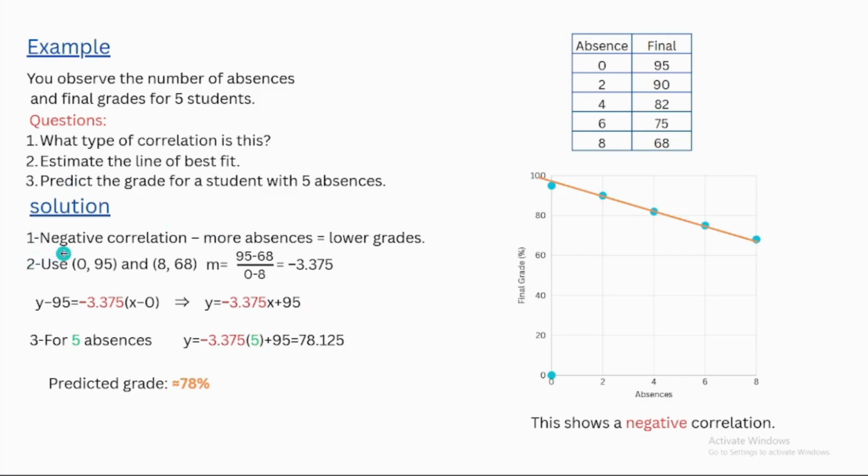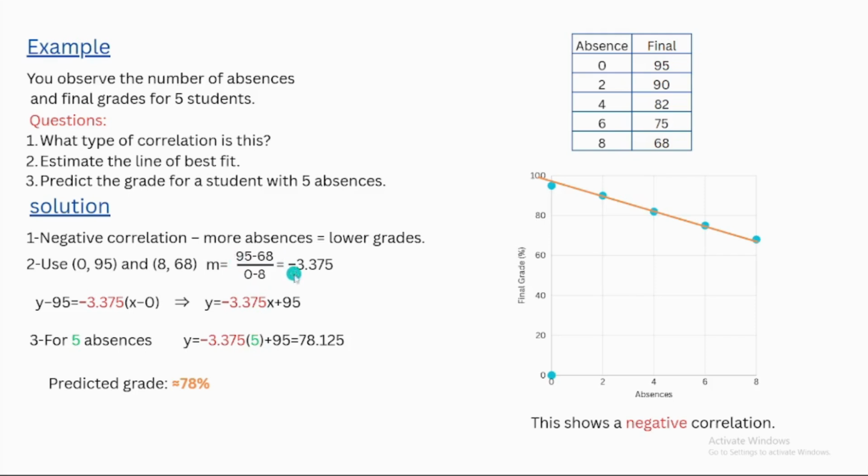The correlation is negative. More absences are related with a lower grade. Second, estimate the line of best fit. We will take any 2 points that lie on this straight line and get the slope. We will use the points 0 and 95, and 8 and 68. The slope is the difference between the y's over the difference in x's.